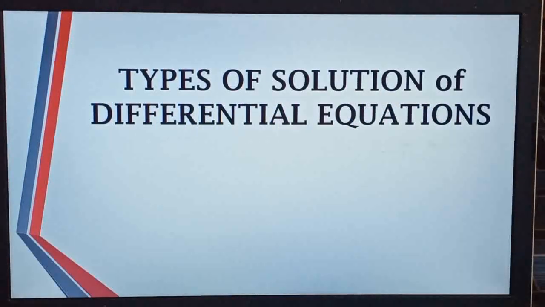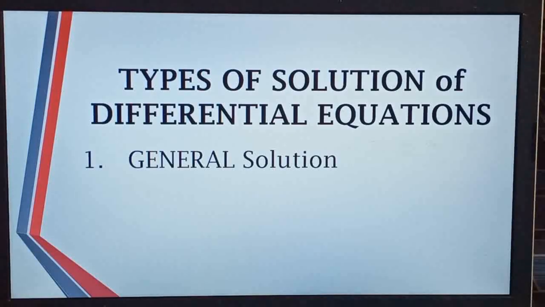Before we discuss the separation of variables, we need to know what the types of solution in differential equation are. We have two types of solution. The first one is the general solution. When we say the general solution, your equation still has the presence of C, which is the arbitrary constant.